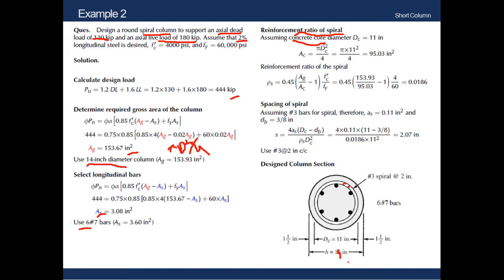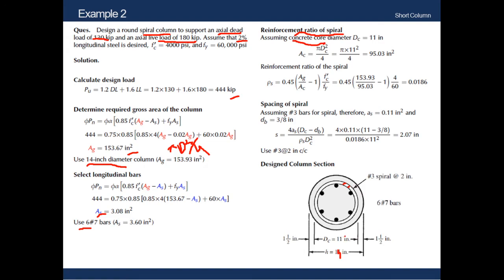So 14 inch, as we need to allow some portion for clear cover, we are subtracting 1.5 and 1.5 from two sides. That means 3 from the total. That means 14 minus 3 will be 11 inch.